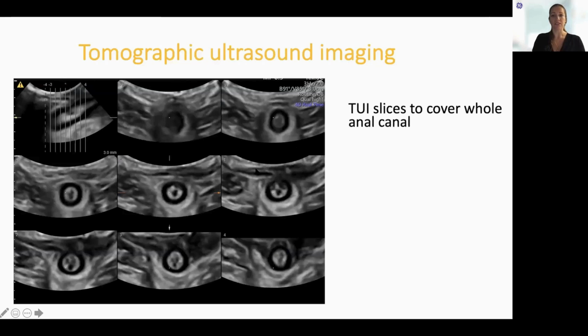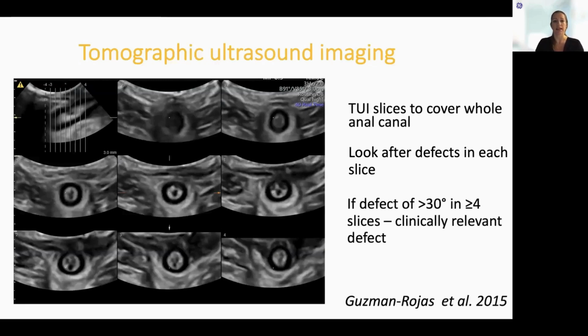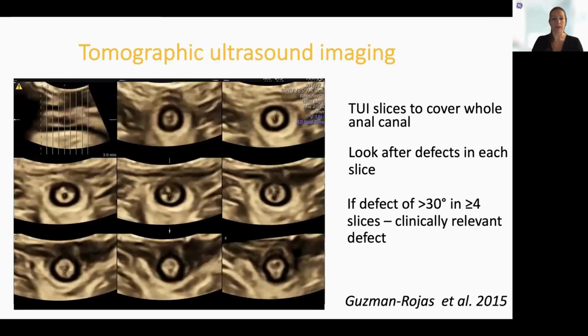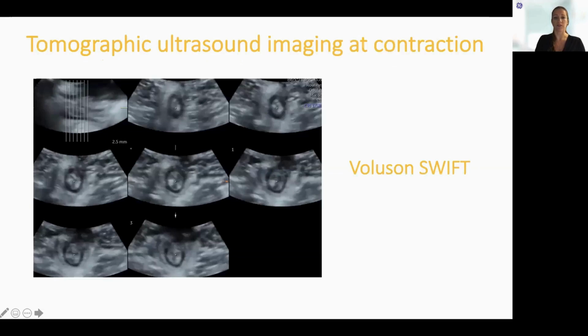And here it's very important that we cover the whole anal canal with our slices, and then we have to look for defects in each slice, which means that we look at the internal and external sphincter in each slice and we see if there is some defect. And if we find defect in at least 4 slices, any slices, then this defect is clinically relevant if it's above 30 degrees. And here another different rendering mode where we can also assess both sphincters, and then again we don't see any defects.